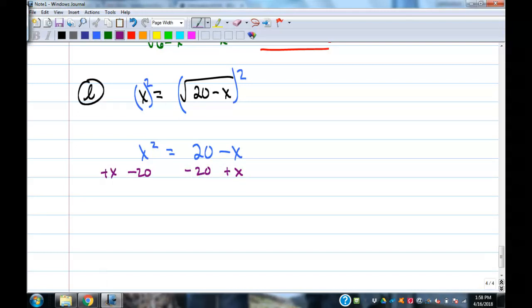But then you get a negative in front of the x squared, which makes it a little bit more difficult to factor or use the quadratic formula with, because you got an extra negative in there. So I always try to leave the x squared positive, because it makes it easier later on. So x squared plus x minus 20. This one could be solved by factoring.